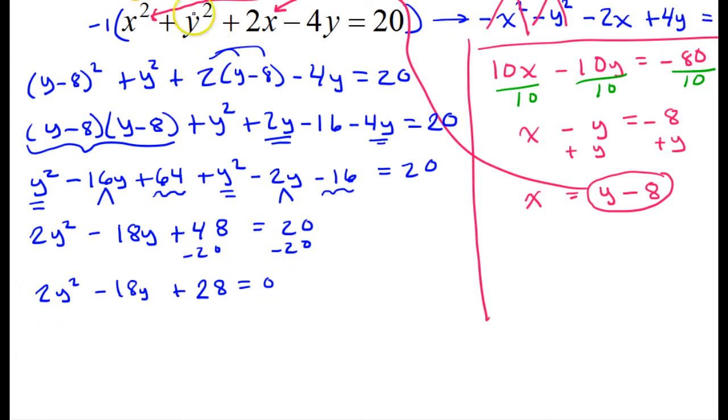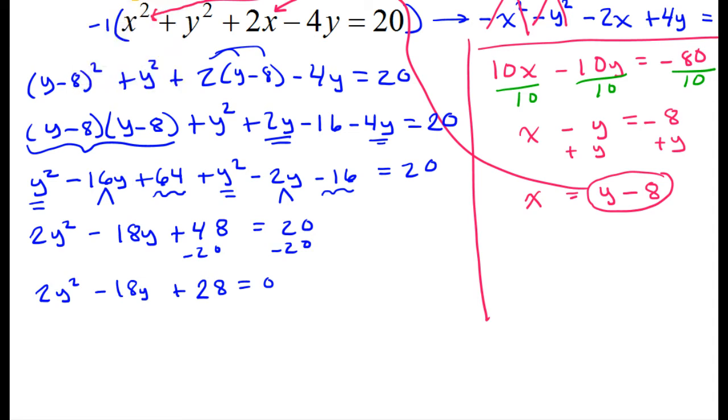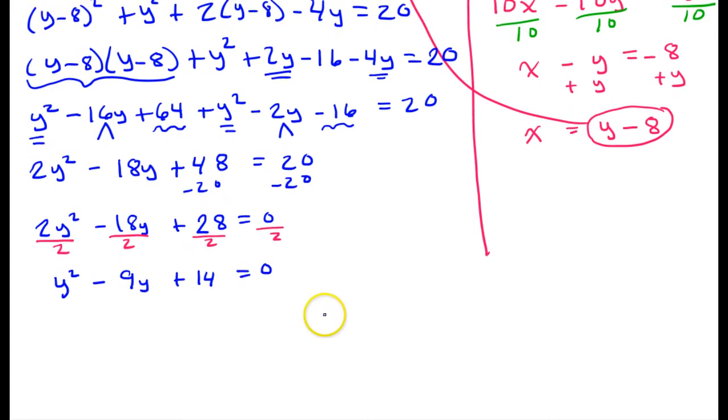I'm noticing that all of these are divisible by 2. So I should go ahead and do that just to make the numbers smaller and easier to work with. So that's going to give me y squared minus 9y plus 14 is equal to 0.